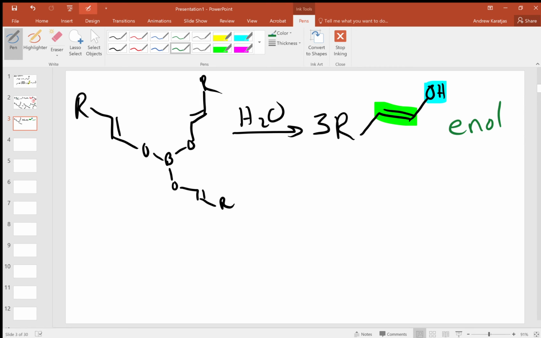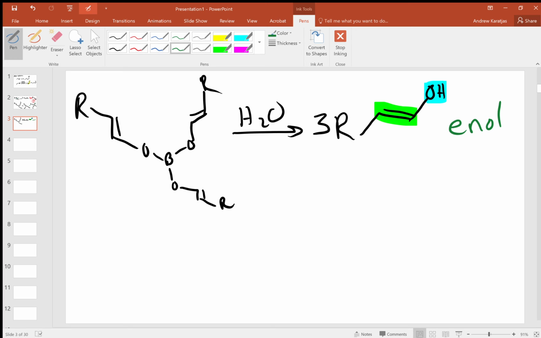And when we talk about condensation reactions in organic 2, we'll see just how important enols are. They play a role in a lot of important reactions of carbonyls. But for right now, what we need to concern ourselves with is the fact that most enols are not that stable.